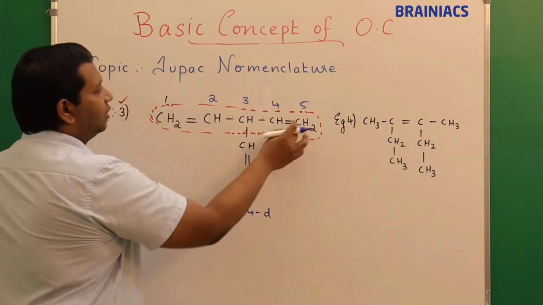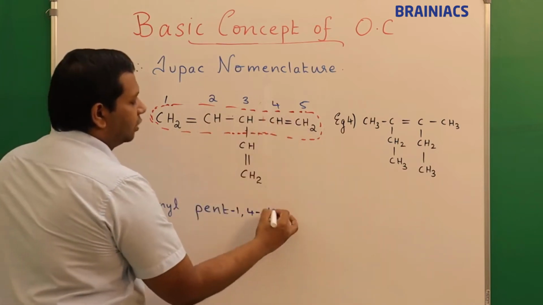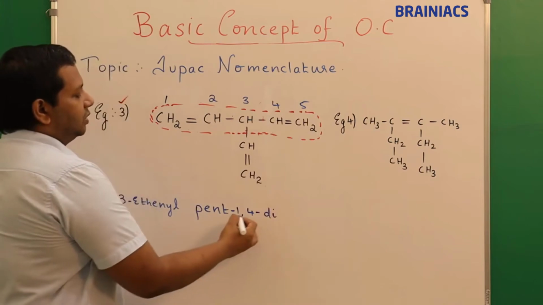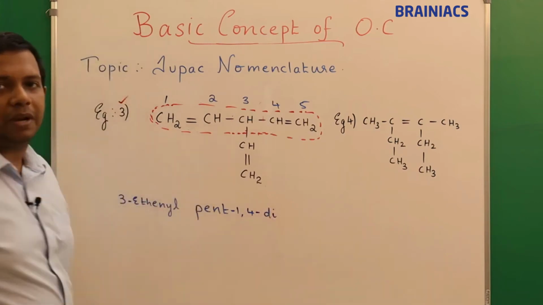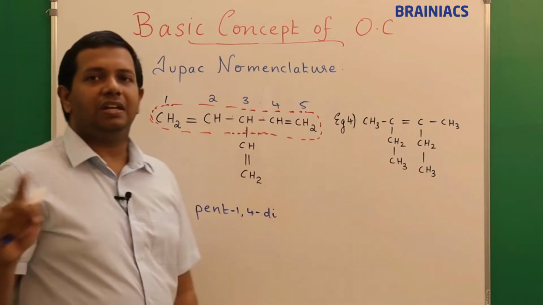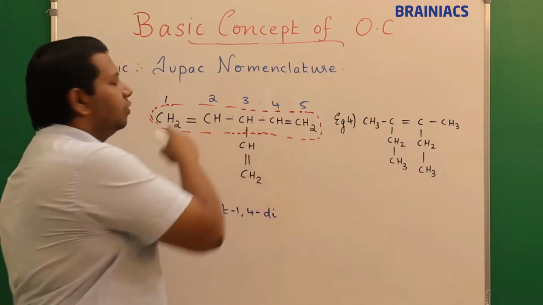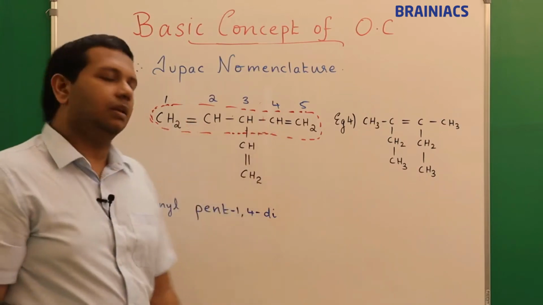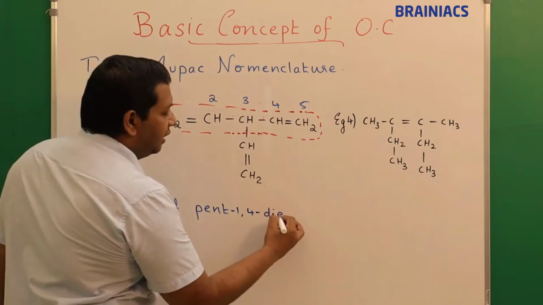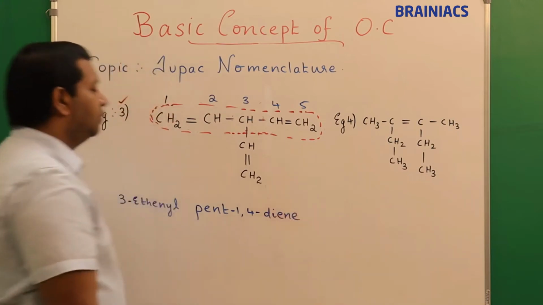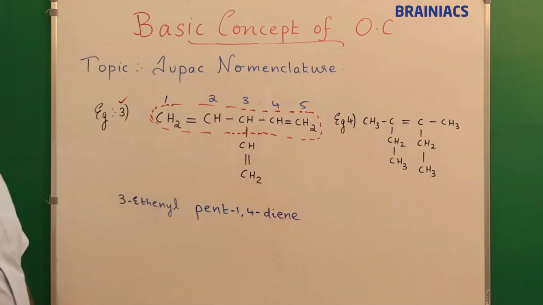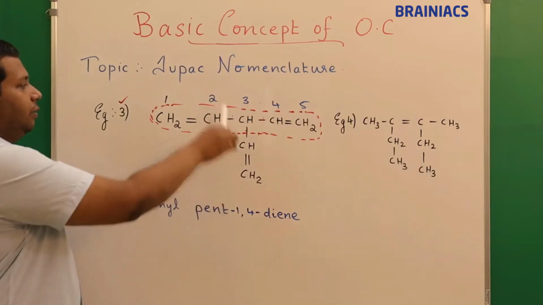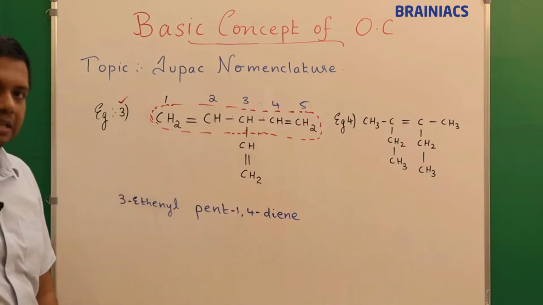We know that 2 double bonds are there, so I will use the term di. So this much will come here. Then we know that primary suffix is -ene, -yne, -ane. So here, since double bonds are there, I will use the term -ene. So I can say di-ene. So this will be the IUPAC name of this compound, 3-ethynyl pent 1, 4 diene.